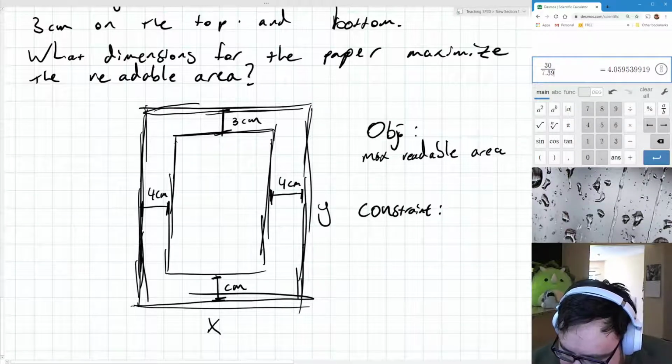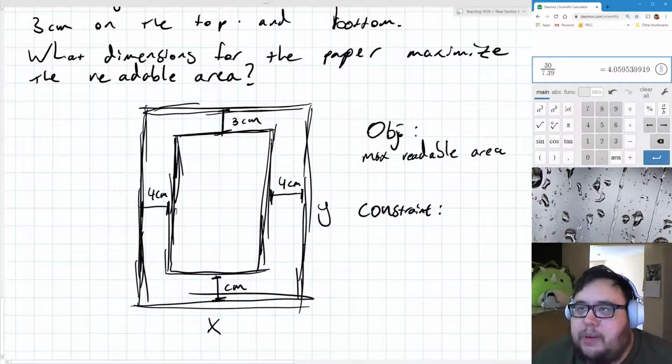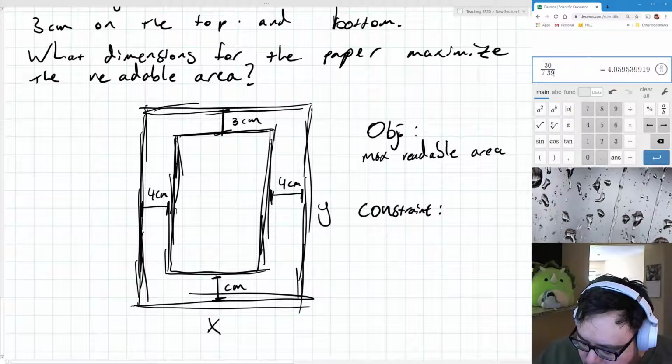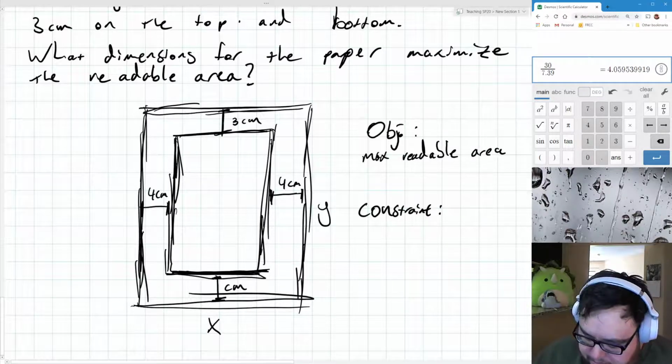Well, it's this center rectangle, right? And what are the dimensions of this center rectangle? Well, what's this length here at the bottom?